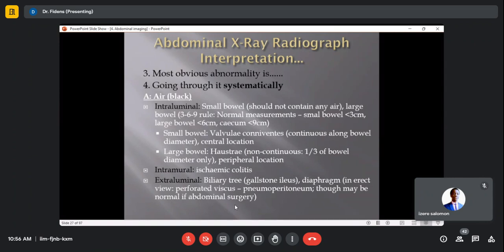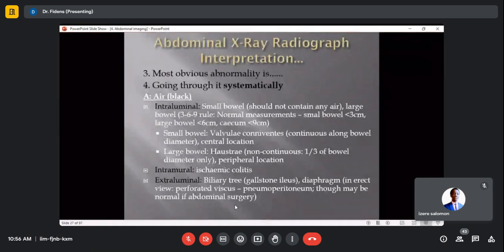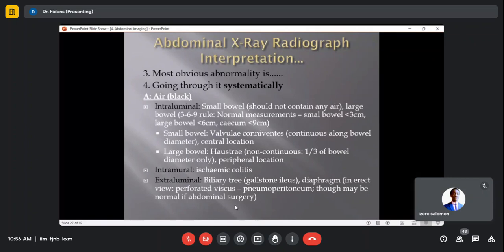Those are normal anatomy, and they differentiate the small bowel and the large bowel. Apart from those two, we consider the location of the bowel and even the size. Okay, thank you. Any other questions? Or I go to the next slide.